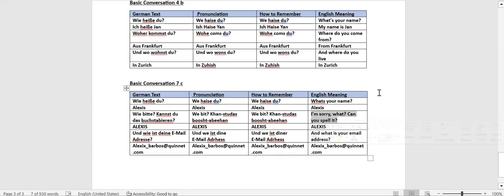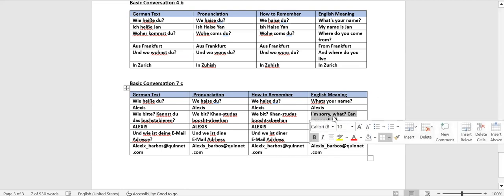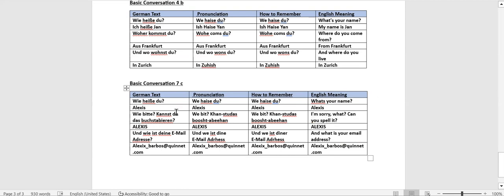When Alexis said his name, the person who is listening wants to know the spelling of it. So how do we ask that? Let's see how to pronounce this. Wie bitte? Kannst du das buchstabieren? Kannst du das buchstabieren?